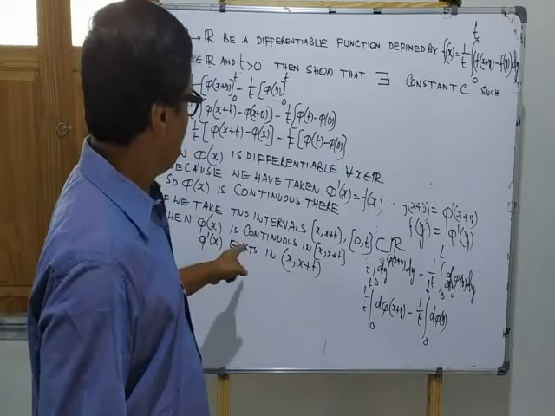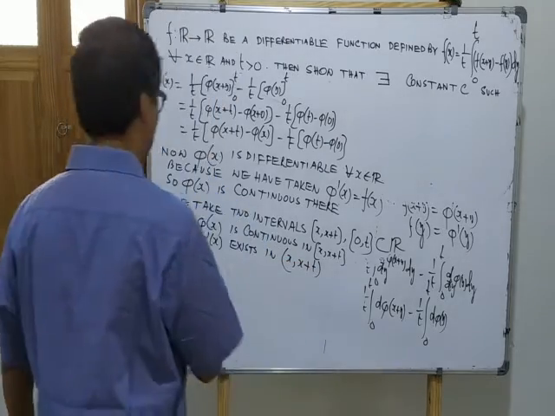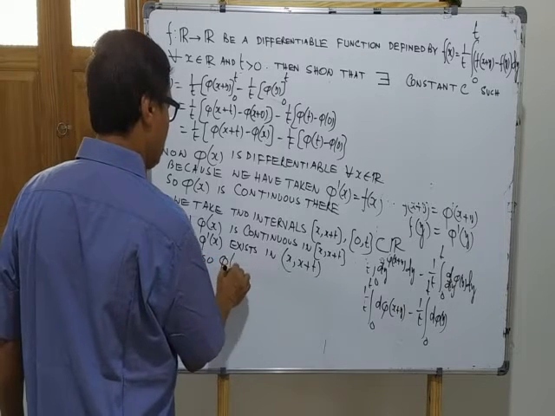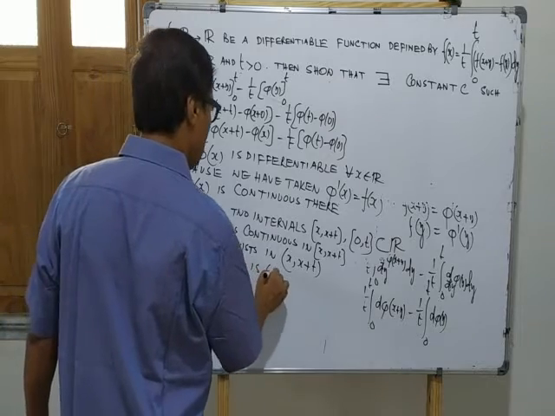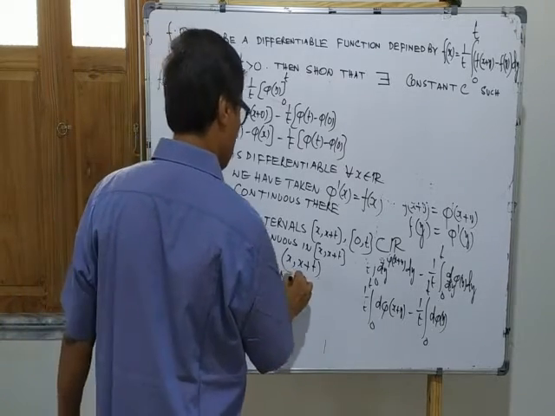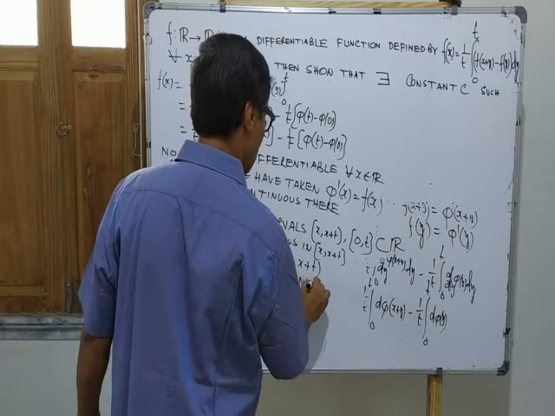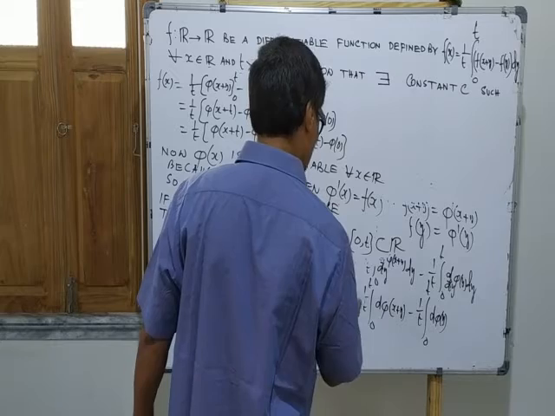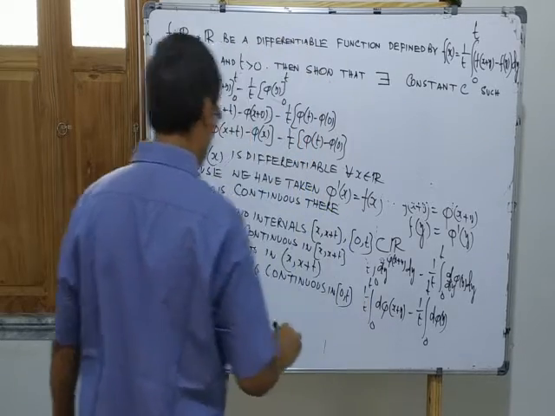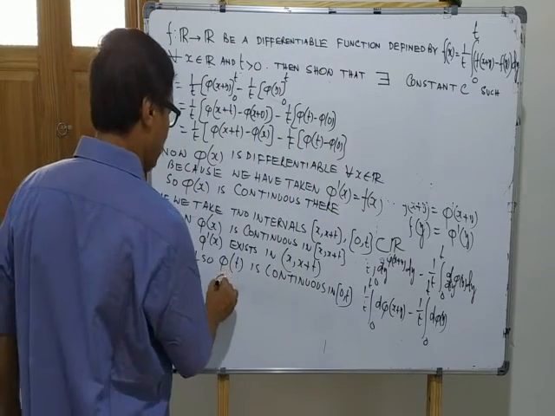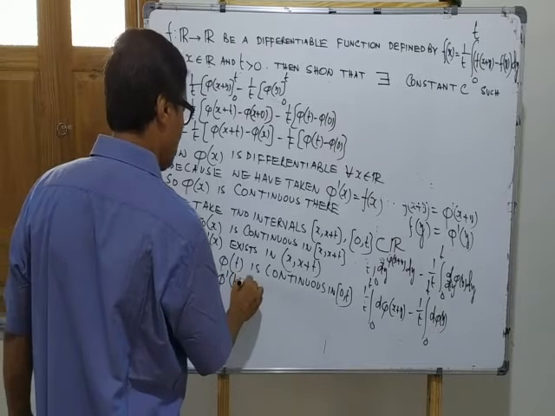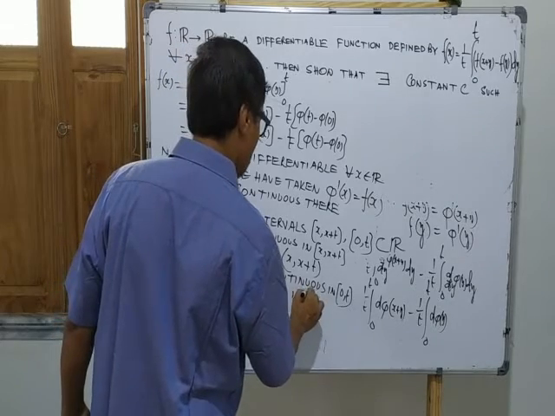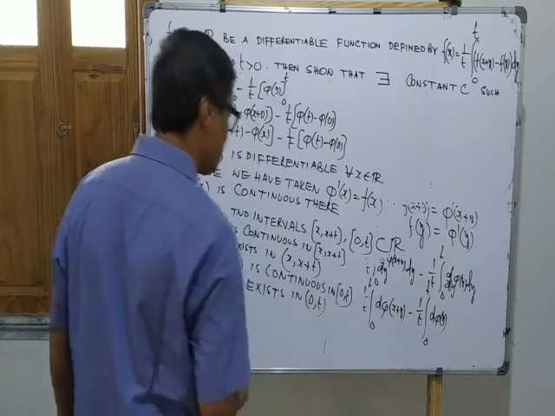Now phi dot x exists in x to x plus t, and also phi t is continuous in 0 to t, and phi dot t exists in the open interval 0 to t.